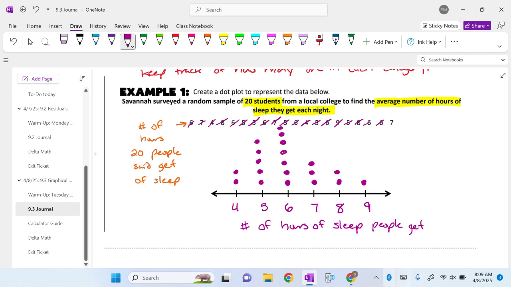If I asked you, what number of hours of sleep do most people in this set get? What would you say? 6 hours, because that's the one that most people said. Now, how many people said 6 hours? 7. So 7 people said 6 hours. How many said 5?